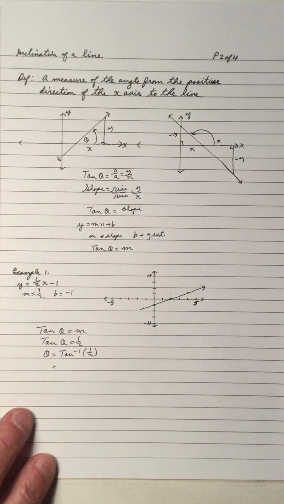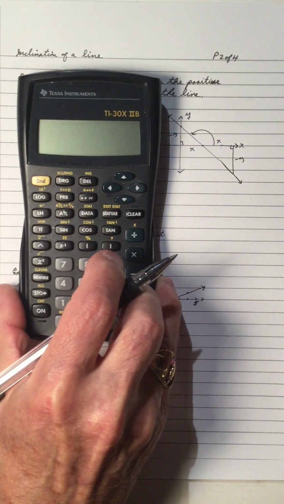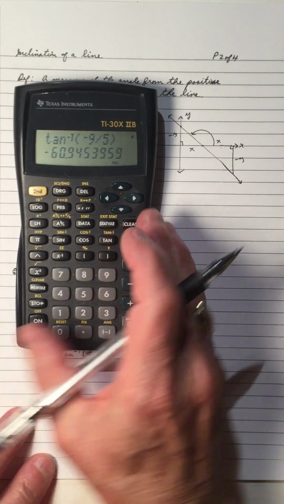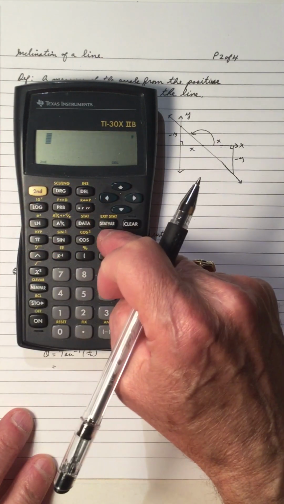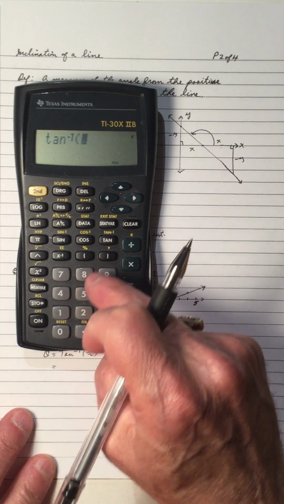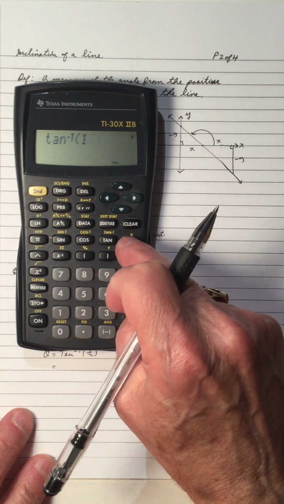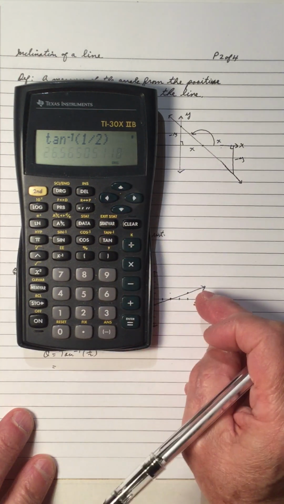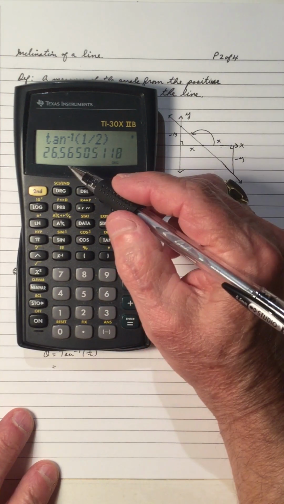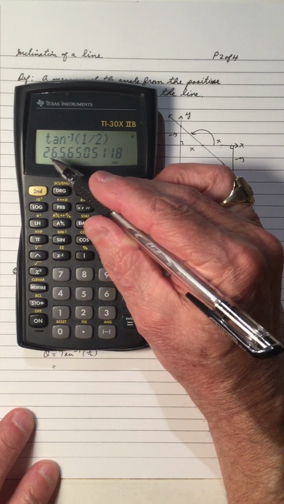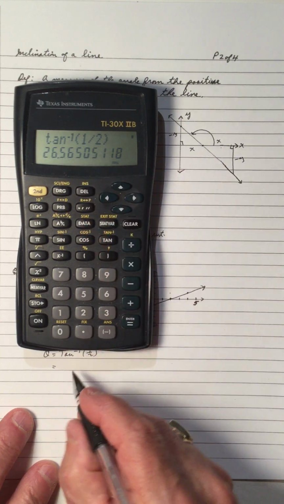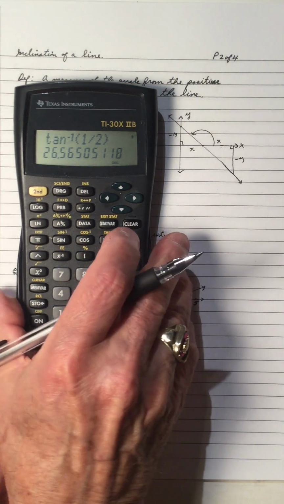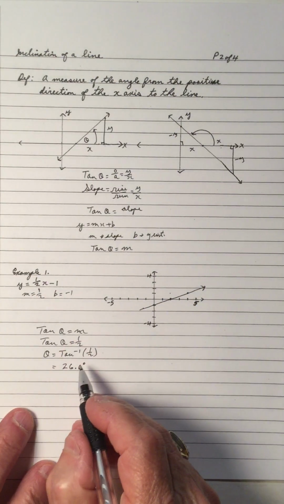If you pick up your calculator, turn it on and clear it, take the inverse of tan of 1/2. 1/2 is 1 divided by 2. I could have called it 0.5. And my angle of inclination is 26.6. Let's say it's 26.6 to the nearest tenth. That's my angle of inclination.